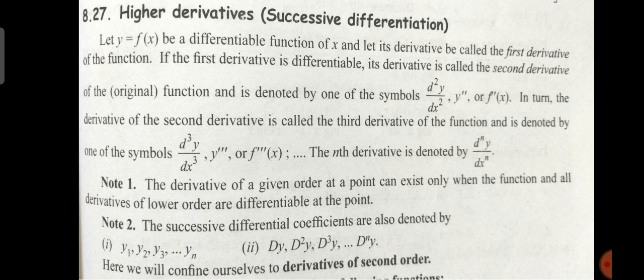The first derivative: y is equal to f of x is given, then dy by dx or f dash of x is the first derivative. Then d square y by dx square or f double dash of x is the second derivative. The third derivative is d cube y by dx cube or f triple dash of x.